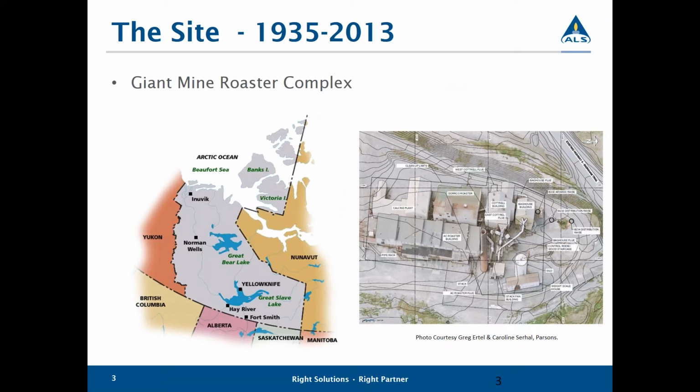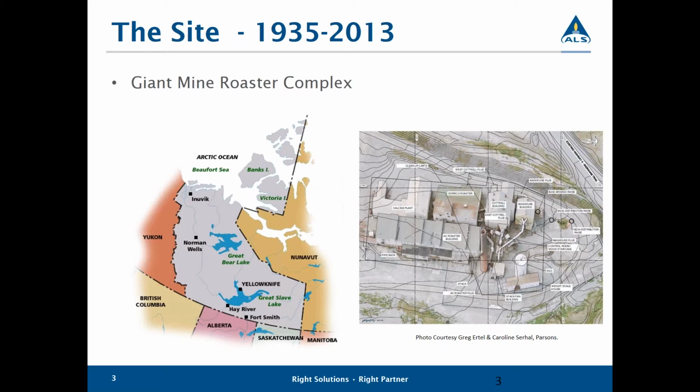So I'm going to present a case study in Northwest Territories in Canada. It's certainly got a long, notorious and rich history, which is the Giant Mine, which was one of the richest gold mines in the history of Canada.